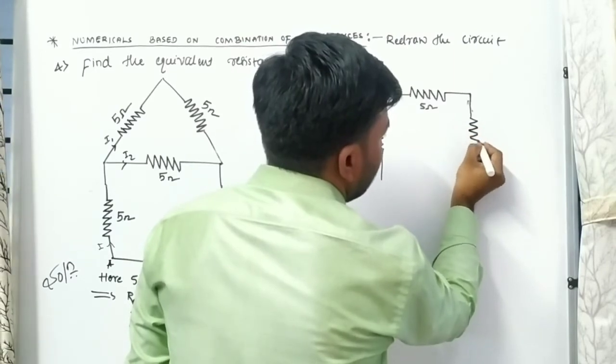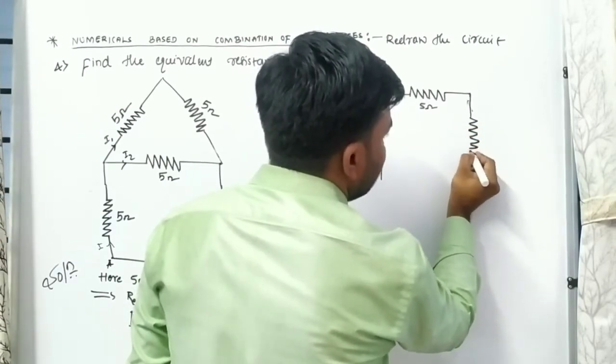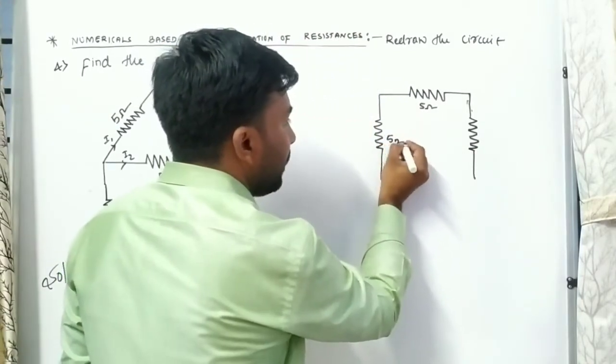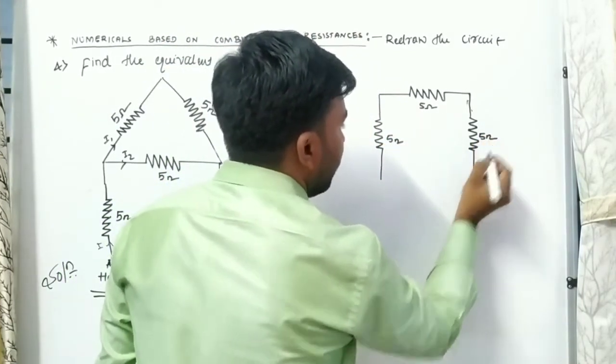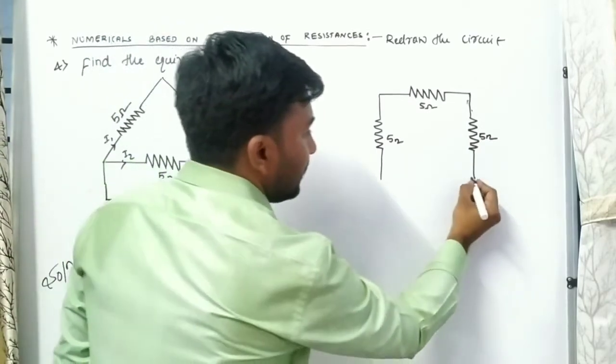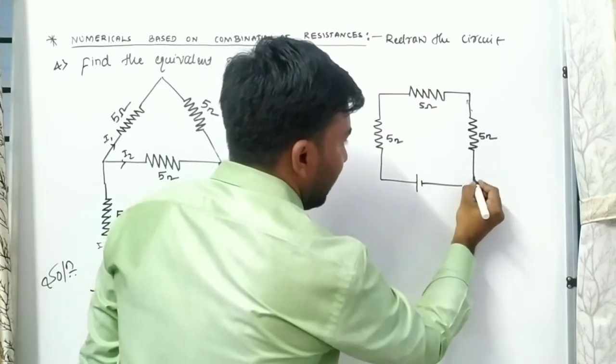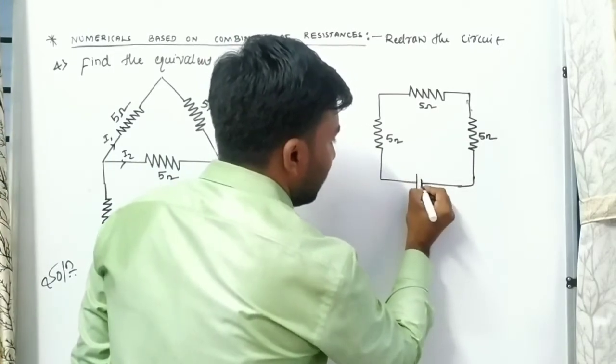And this one resistance also I will keep as it is. So here it is 5 ohm, here also it is 5 ohm, and this electric cell as it is.